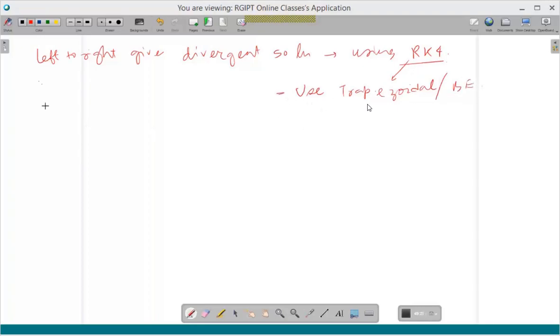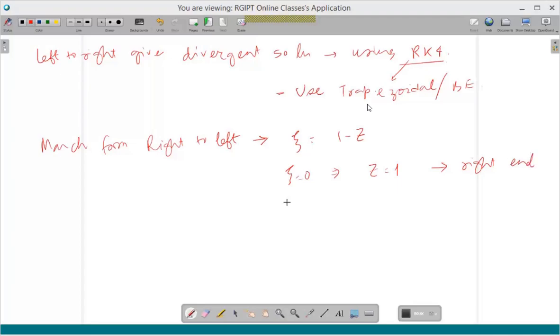The other way is to march from right to left, okay. What you do here is define a new variable, which I'll call zeta. Zeta is 1 minus z, that's it, so that when zeta equals 0, I'm at z equal to 1, the right end, and zeta equal to 1 means z equal to 0, the left end.